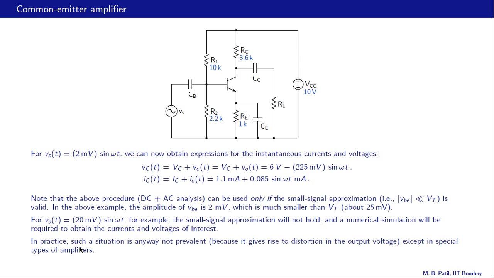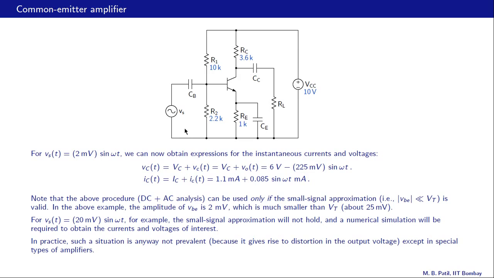In practice, such a situation with large VBE compared to Vt is anyway not very common, because, as we have seen earlier, that will give distortion in the output voltage.